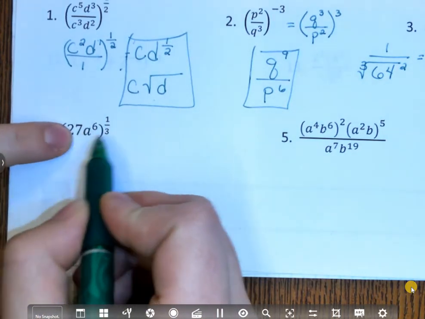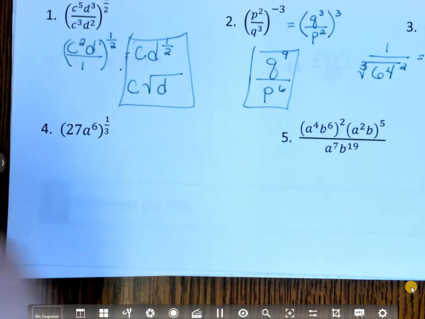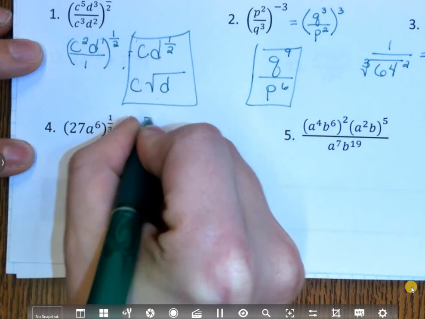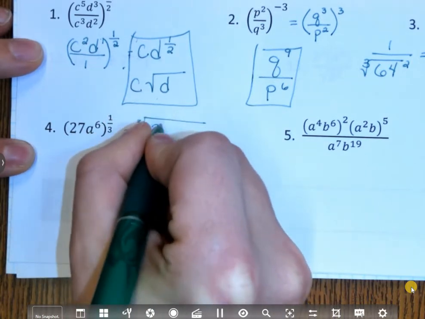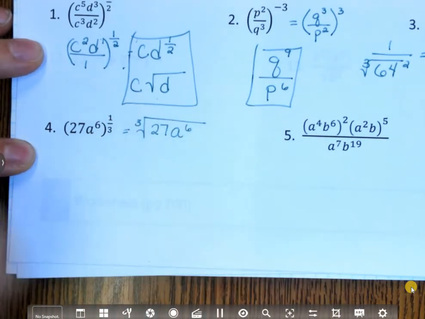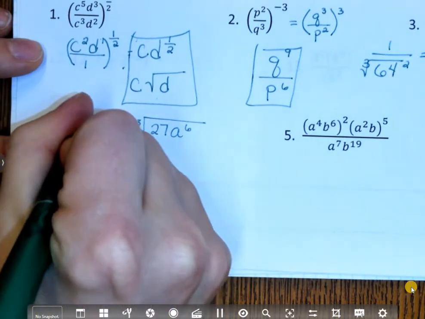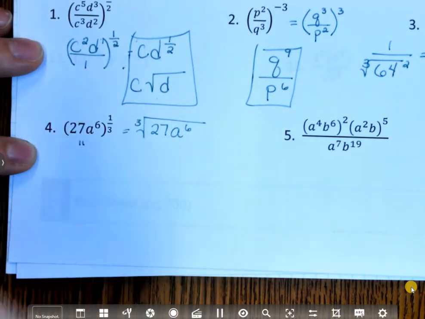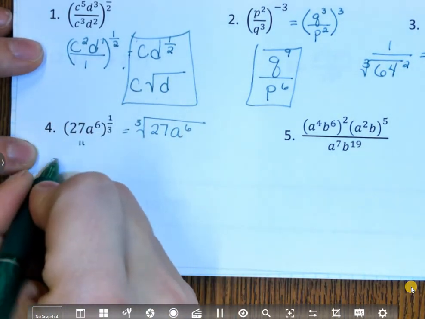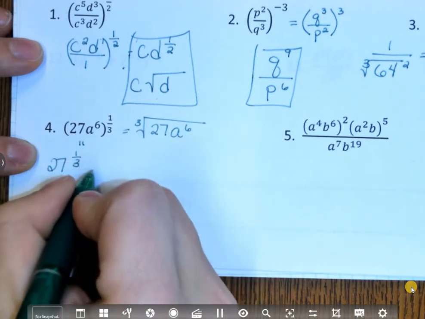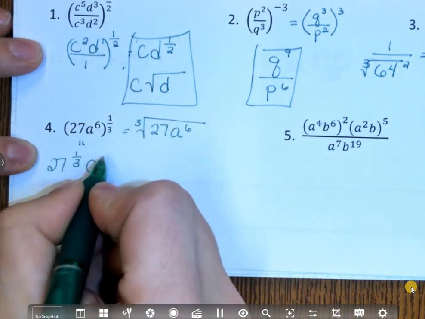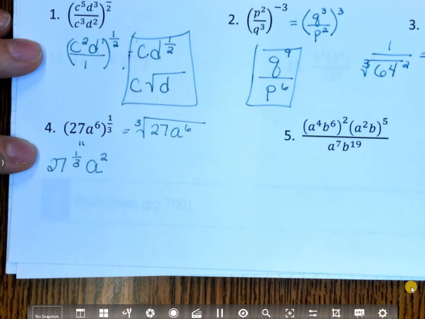So you can deal with this in multiple ways. You can either think of this as the cube root of 27, a to the 6th, or you can think about this as 27 to the 1/3 a squared. Do you understand what I did?